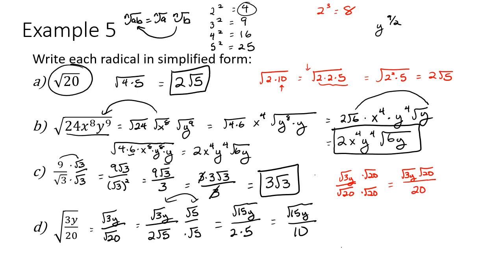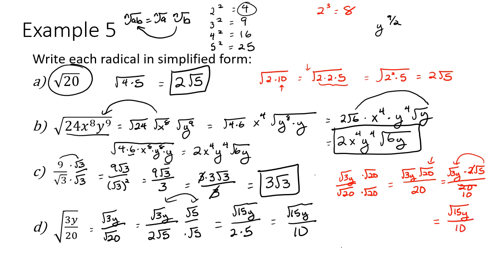The denominator would just be 20, but then you would still have to simplify the radical on top. There's still a perfect square. And the square root of 20 is still 2 times the square root of 5. But now the 2 on the top will divide into the 20 on the bottom, and you still ultimately end up with the same thing, just through a different method.